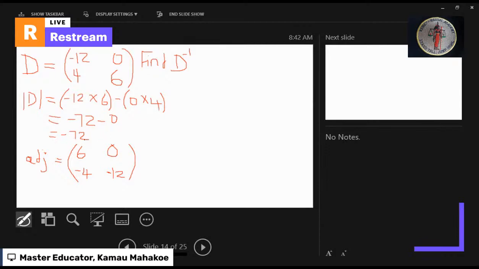So we have our determinant, we have our adjoint, and we know that the inverse is 1 over the determinant times the adjoint. So it's negative 1 over 72 times the adjoint, which is 6, 0, negative 4, negative 12.